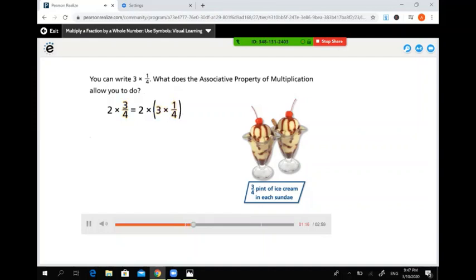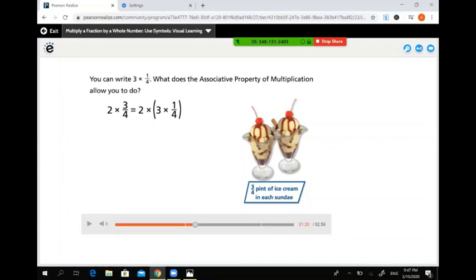What does the associative property of multiplication allow you to do? As we took before about the properties of multiplication, one of them is the associative property of multiplication. With it, we can change the grouping of a number, the parentheses. These parentheses we can put between 2 and 3.